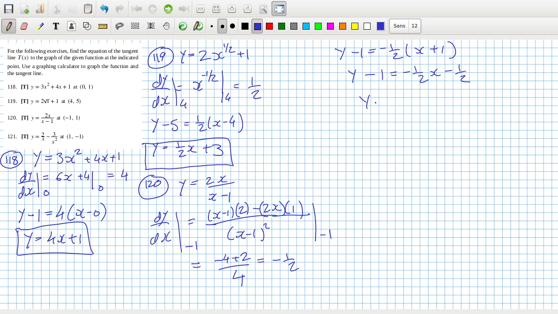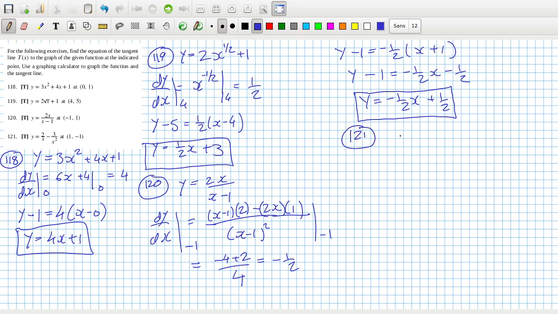So we have y equals minus a half x plus a half, isn't it? Minus a half x minus a half. Minus a half x. Okay, I think everything's okay.